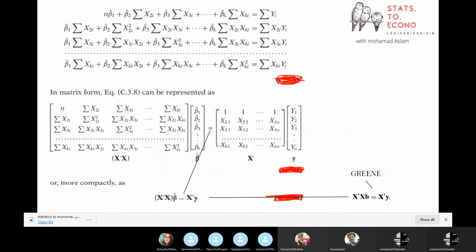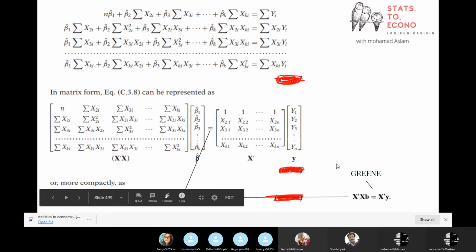That is the remaining part, this last equation here. Just a notation change, that Gujarati is using beta hat and Greene is using beta. You can go by any notation. Here it's just an equal to sign. It's not a minus in the Gujarati case, it's an equal to sign.